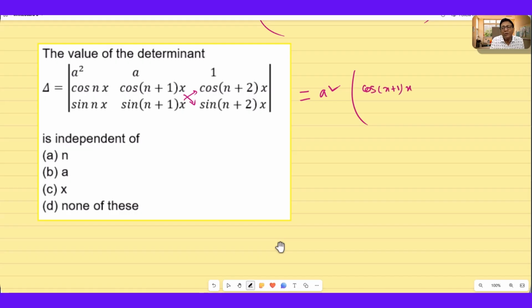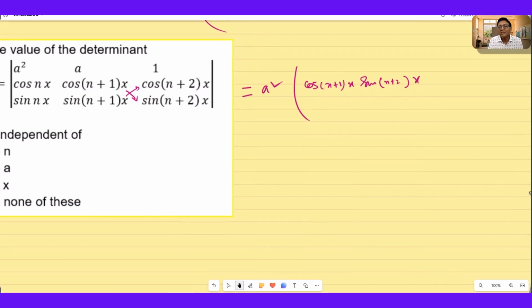Cos n plus 1x, sin n plus 2x, and this minus sin n plus 1x. Clear? With a square done. With minus a, what will you get?